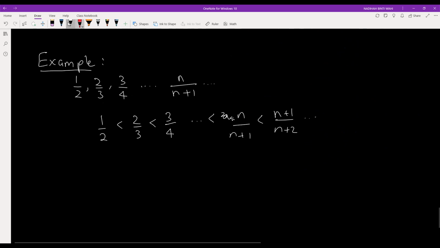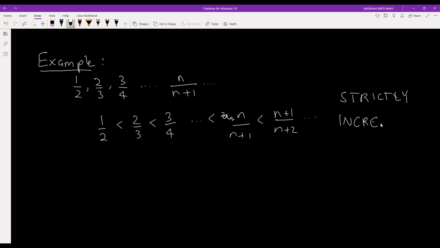So you can say this is strictly increasing, because the second term is not equal to the first term, and it is bigger than the first term. There's no less or equal.